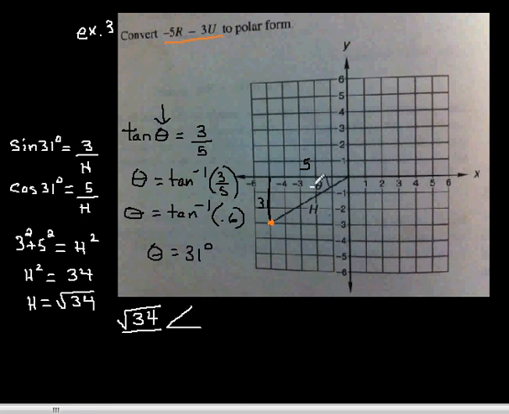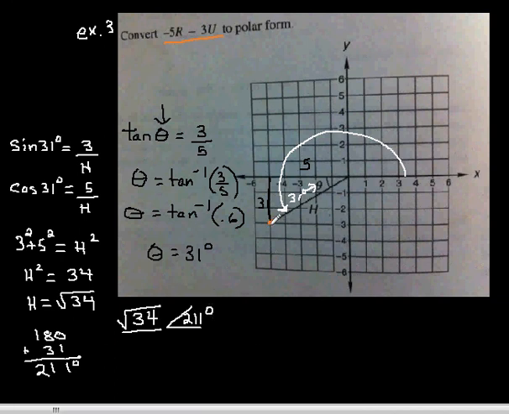This right here is 31 degrees, but when we figure out the direction, we have to start at the x-axis and go the whole way to the line. So it's really 180 plus 31 degrees. So our angle is really 211 degrees.